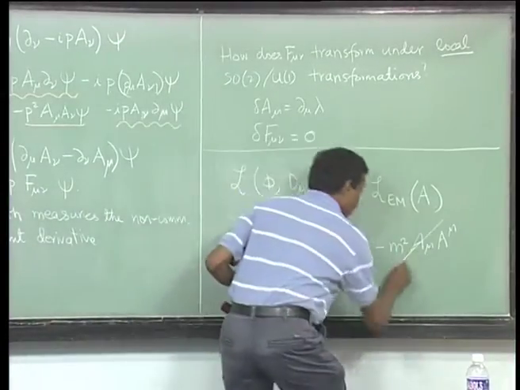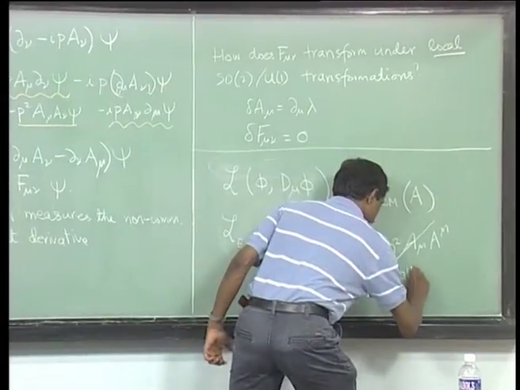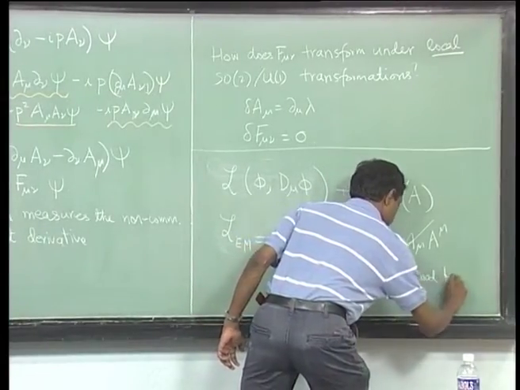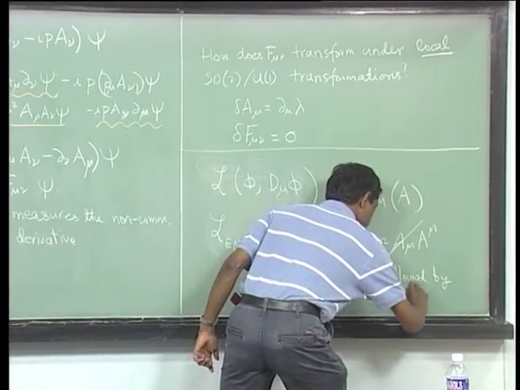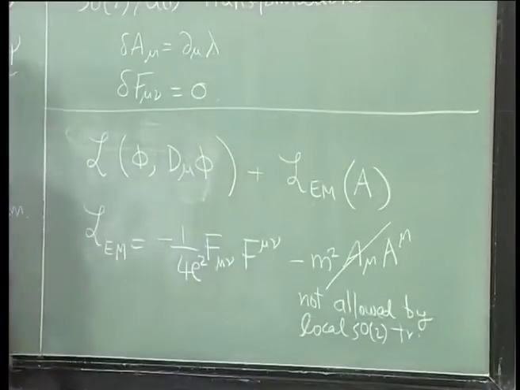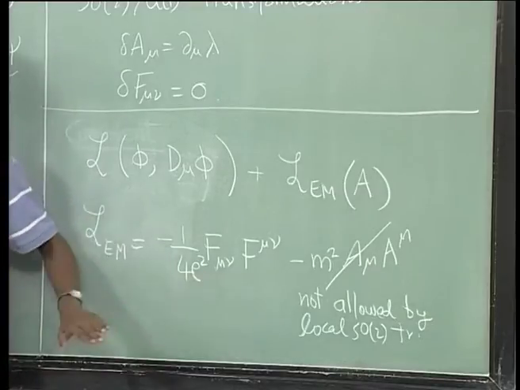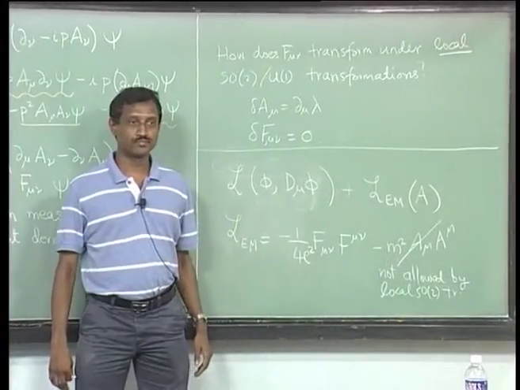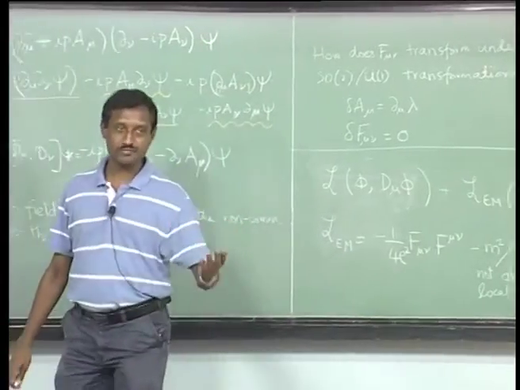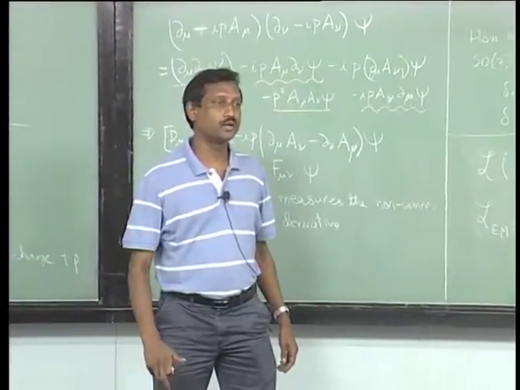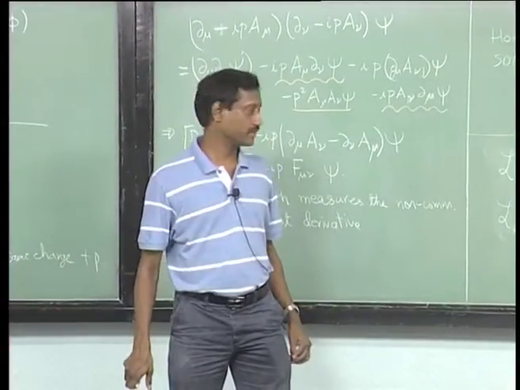So this is not allowed by local SO2, which you also call gauge transformation. In fact, no potential is possible. And we always restrict ourselves to two derivatives, this is the only term you can write, it is unique. If you permit higher derivatives, there are many more possibilities.